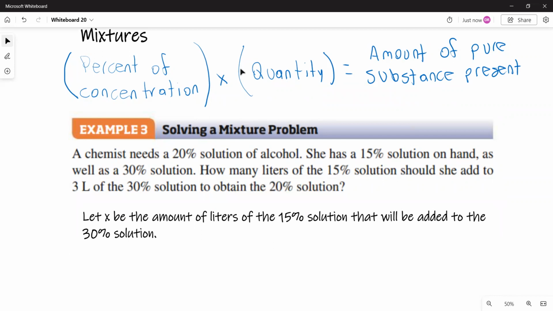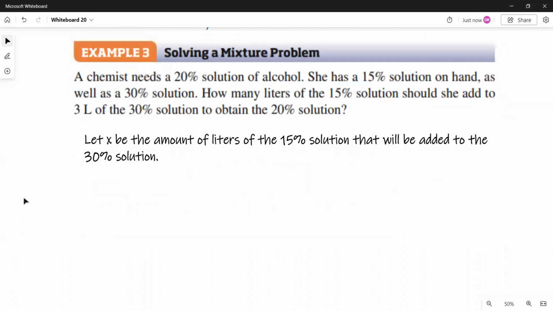Okay, so we have 3 variables involved. We have the percent of concentration, the quantity, and the amount of pure substance present. So let's do that.